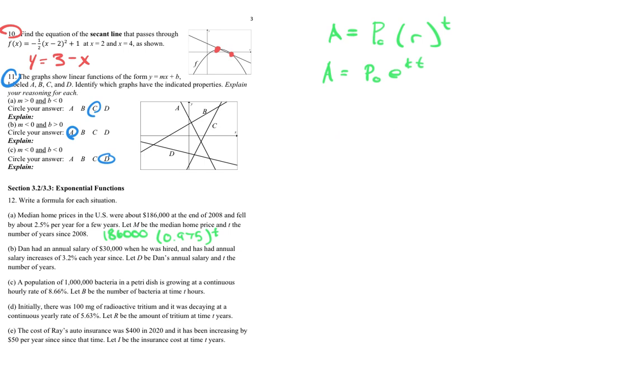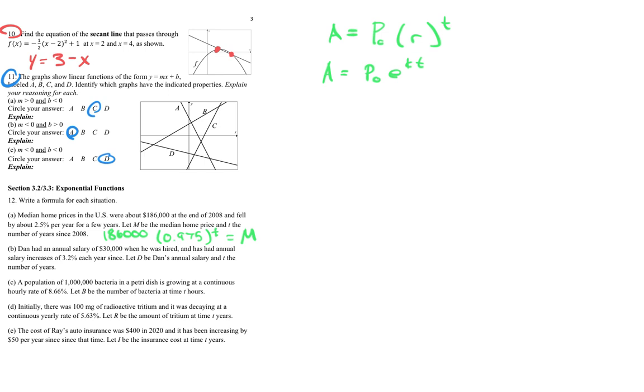Okay, so now for part B, Dan had an annual salary of $30,000 when he was hired and has an annual salary increase of 3.2% per year. Let D be Dan's annual salary and T be the number of years. Oh, and sorry, on the last question, I should say that this is equal to M, because it tells us let M be the median home price. On this one, this lines up with the top function, where we have our rate based on per year.